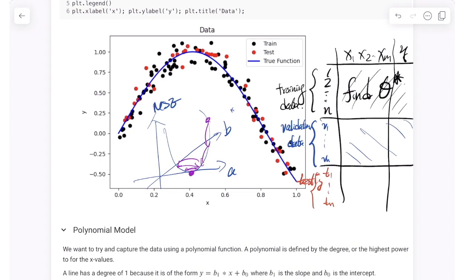And there are some other parameters, and we will use another set of data, the validation data, right here, to stop the process.